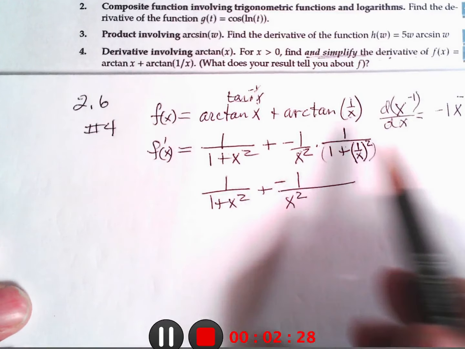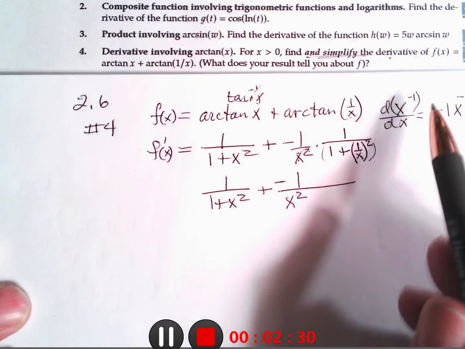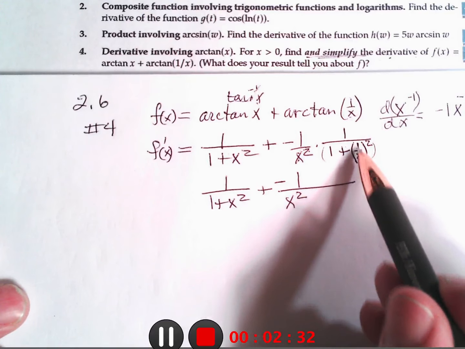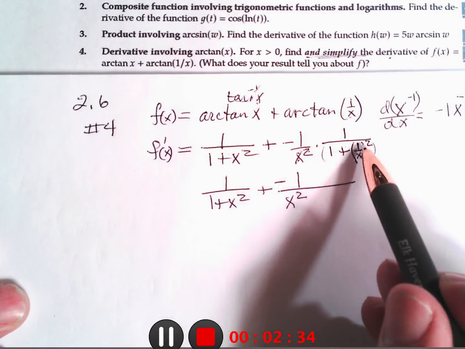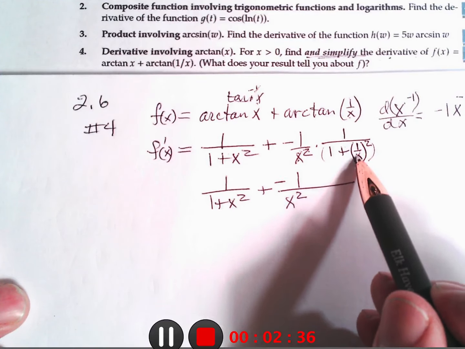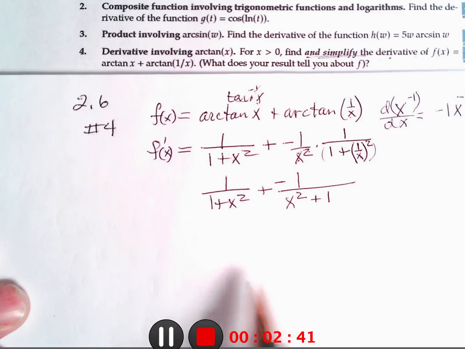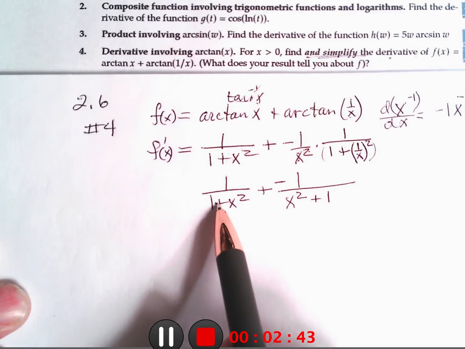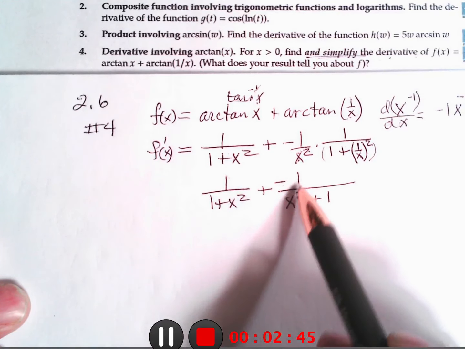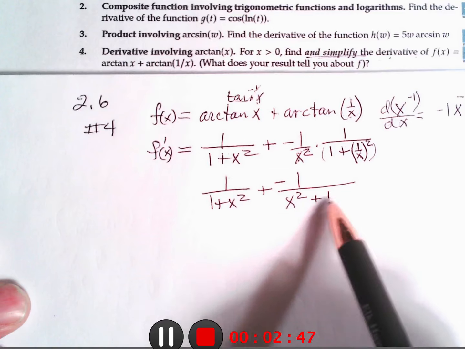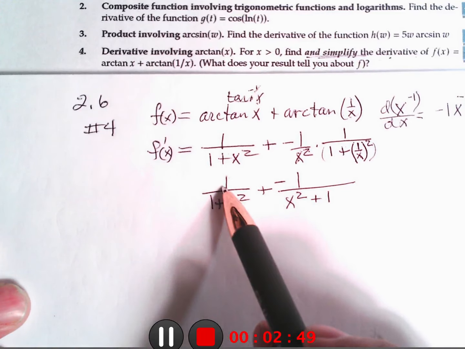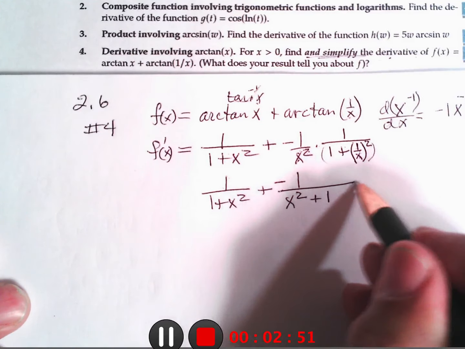Then we're going to have x squared times 1 over x squared, so that is just 1. So the denominator of this fraction is 1 plus x squared. The derivative of the denominator of this is 1 plus x squared, and there's a positive 1 and a negative 1, so this will work out to be just plain old 0.